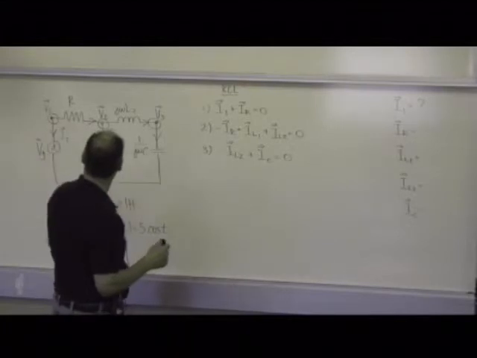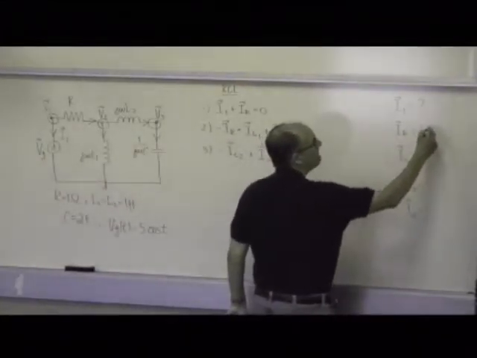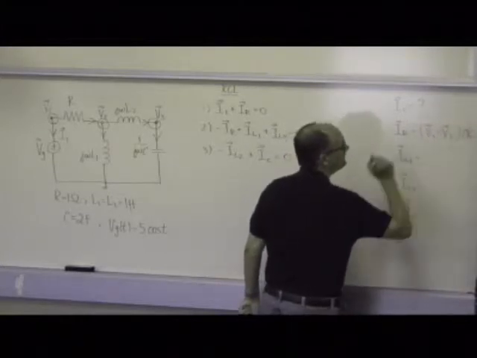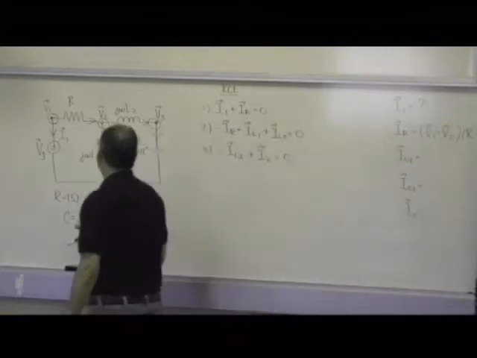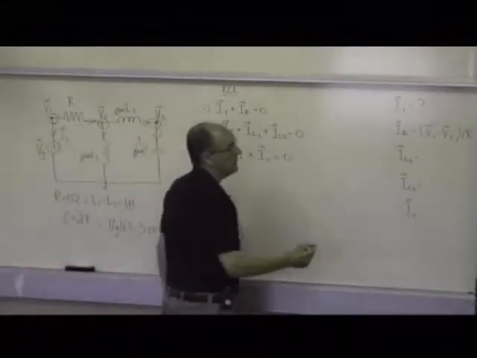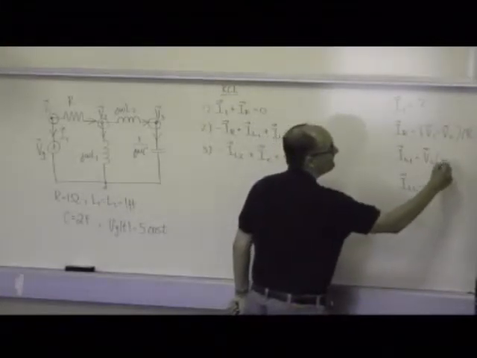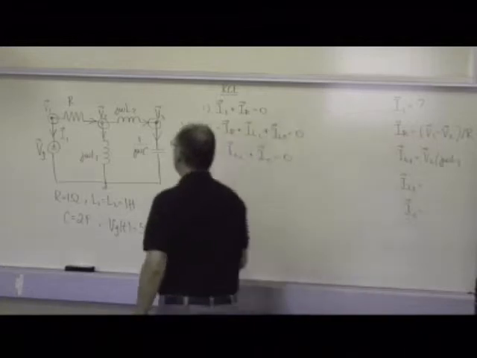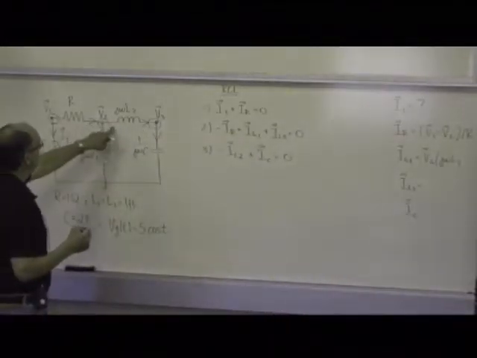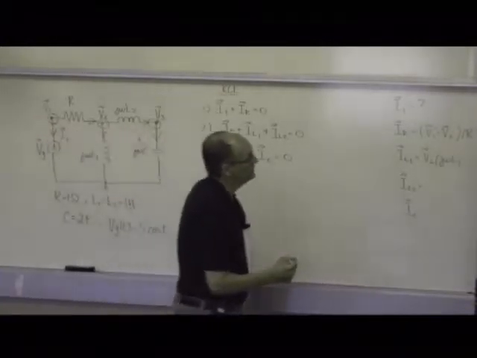That would be V1 minus V2 over R. IL1 would be V2 over j omega L1. IL2, given the direction, would be V2 minus V3 over j omega L2.